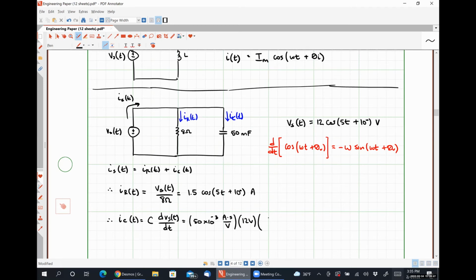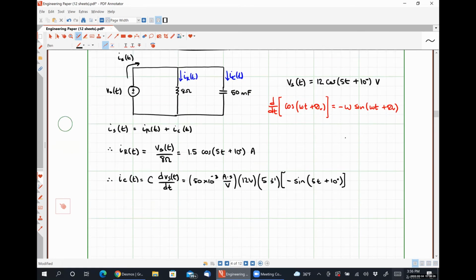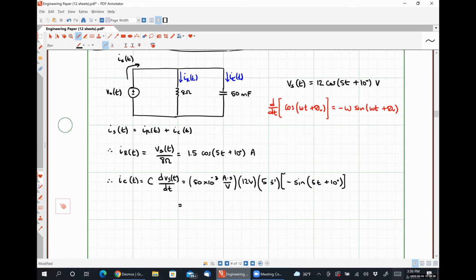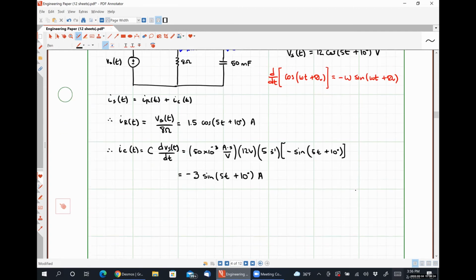Omega is 5 per second because radians is a dimensionless quantity. And then I'm going to have negative sine(5t + 10 degrees). And if I multiply all these constants out, what I get is negative 3 sine(5t + 10 degrees) amps.